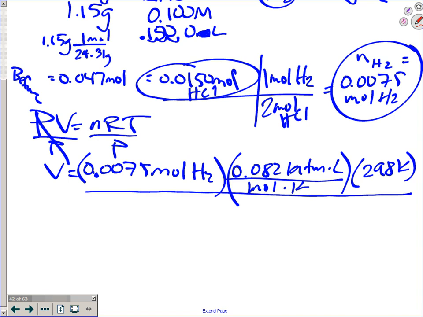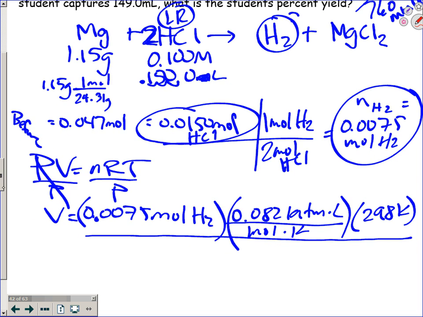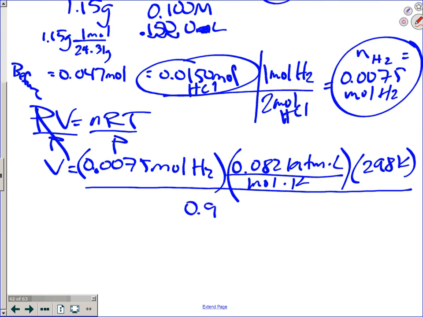How did you convert that to atmospheres? Divided by 760. And that was how many atmospheres? 0.9763. So what cancels? ATMs cancel.